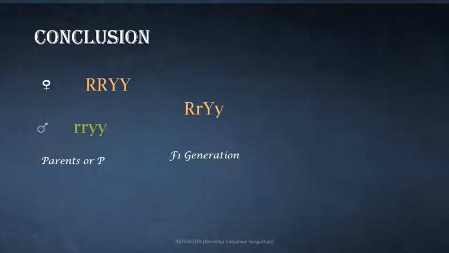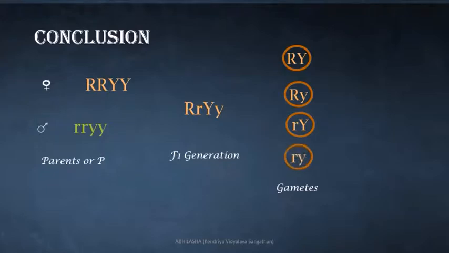Now when we cross the F1 progenies, gametes of all types were formed: capital R with capital Y, capital R with small y, small r with capital Y, and small r with small y. So it isn't that capital R will always stay with capital Y and small r with small y as in the parental combination. All of the new combinations have an equal likelihood of being made when gametes are being formed.